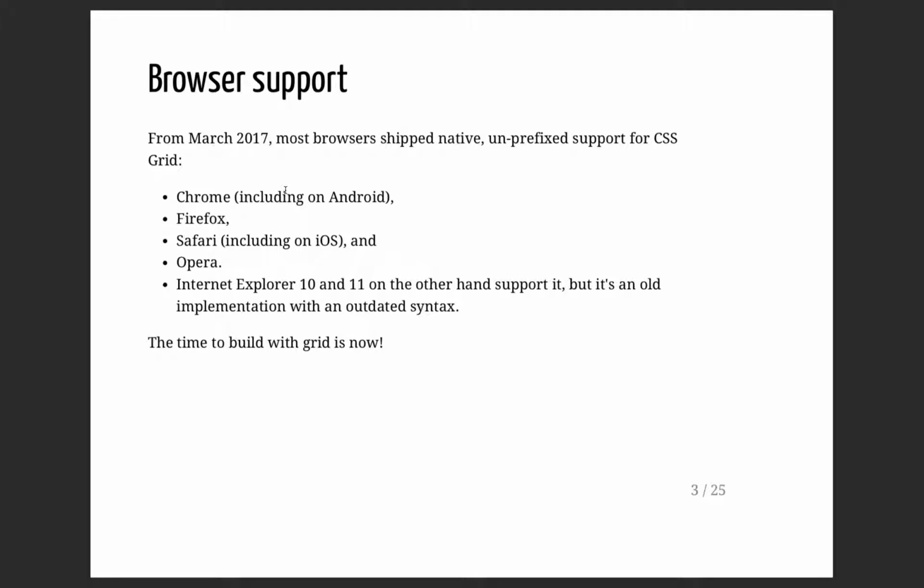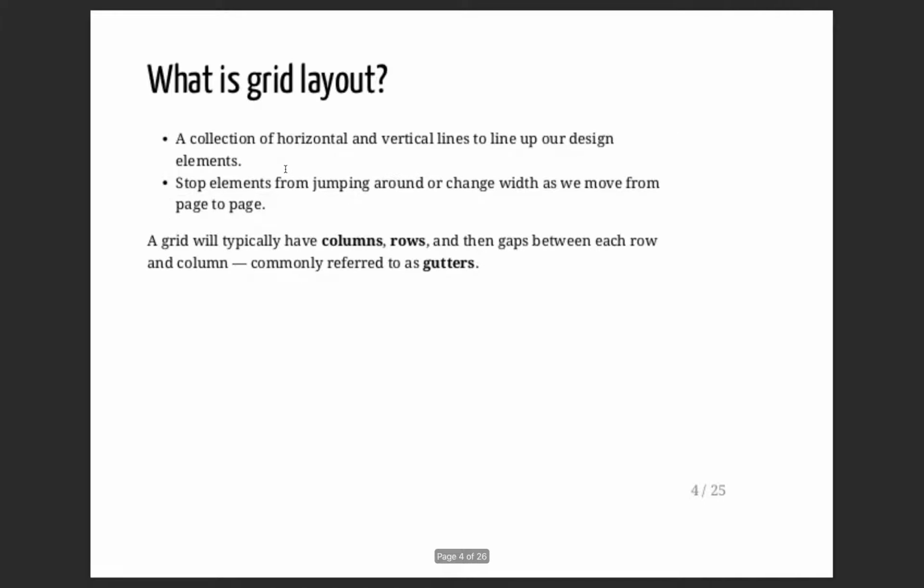Previously, if you wanted to use CSS Grid, you had to use other libraries, like Bootstrap, to convert those CSS Grid commands into commands that the browser could support. But now you can actually use it, so you can build this grid layout for your page without using any external libraries.